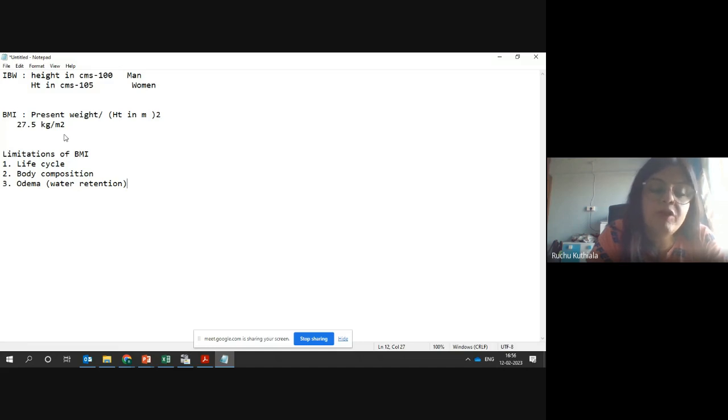Probably the patient whom you are confusing as obese is actually not suffering from obesity. He is suffering from a clinical issue, that is weak cardiac output. The heart functioning is not that good, due to which the blood is not circulating well, and there is a retention of water in certain areas of the body.